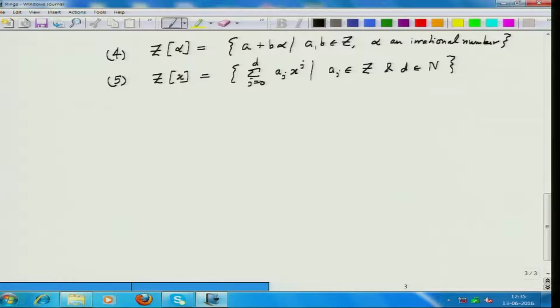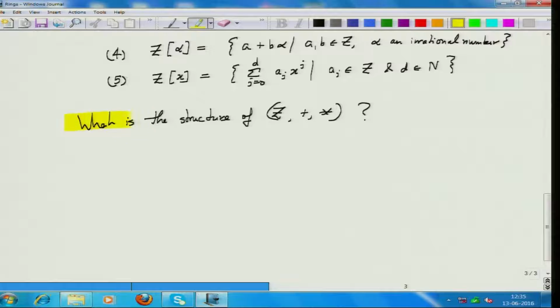Okay. So, first question that we must ask is, what is the structure of the ring of integers?